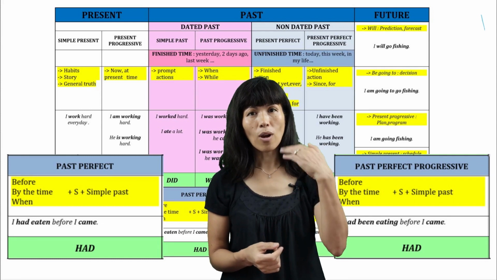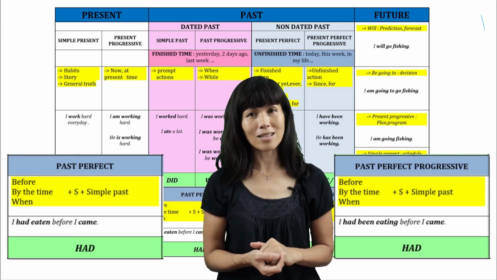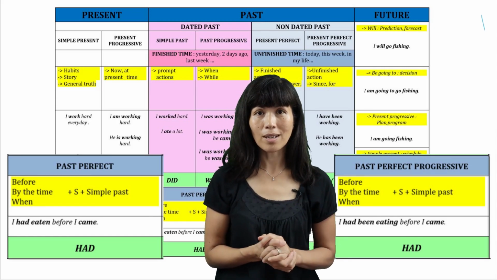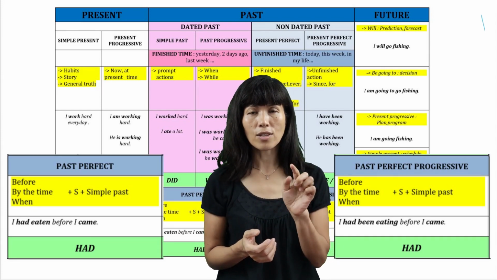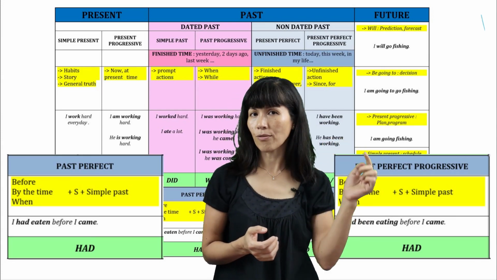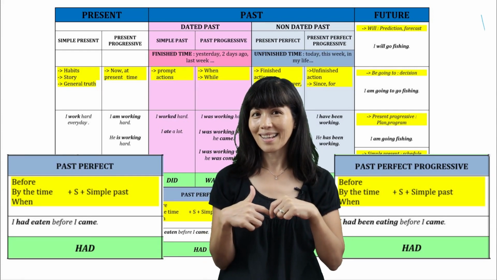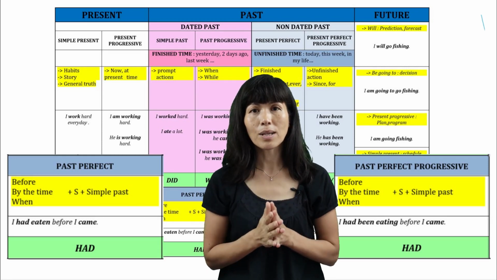So before I started to shoot videos, I had discussed in length this topic. Discussing this topic happened before I started shooting the video, right? So the past perfect is a past in the past that cannot be used alone.